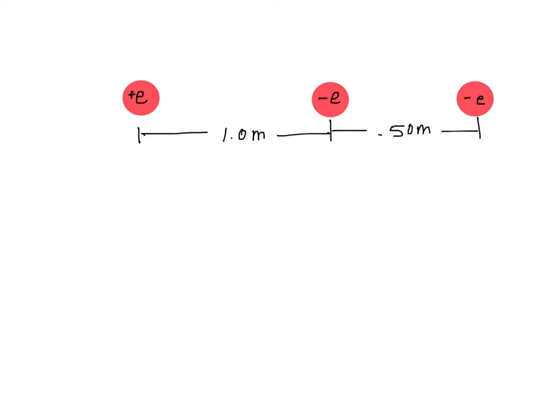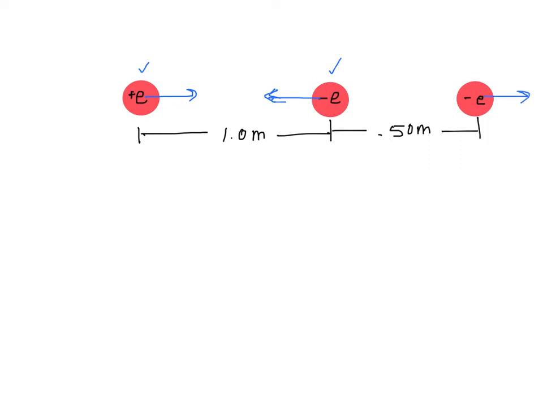I could have a system of 3 charges here, and you can tell from this drawing that because these two, this one here and this one here, are opposites, they're going to have a force of attraction like that, and this one here is going to have a force of repulsion from this one.